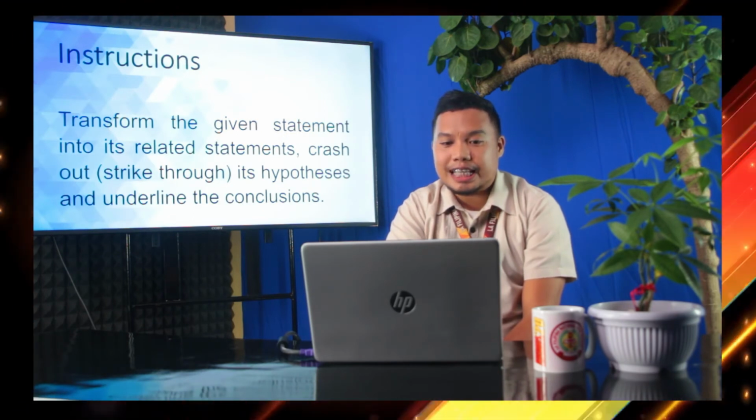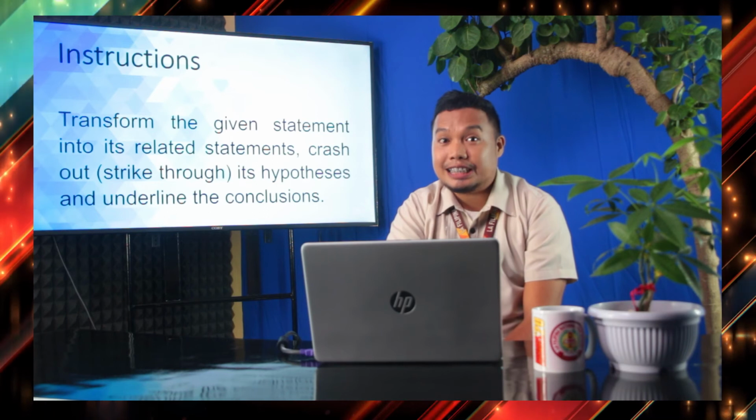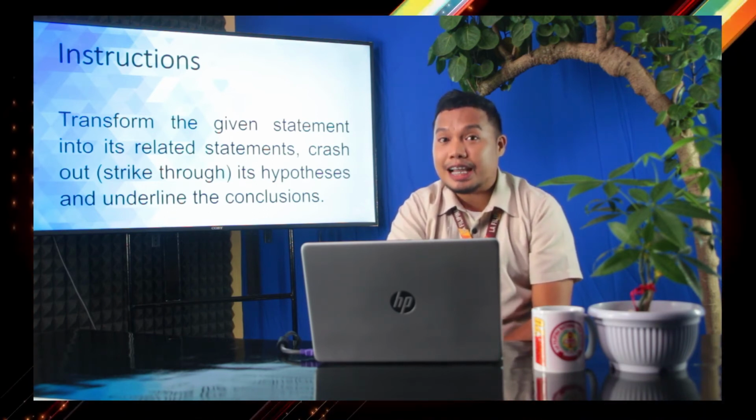Did you get it? So let's proceed to our assessment. Now prepare your ball pen and your paper to answer the given items. Transform the given statement into its related statements. Strike through its hypothesis and underline the conclusions.